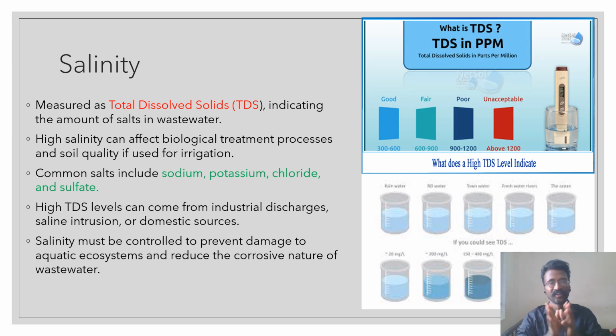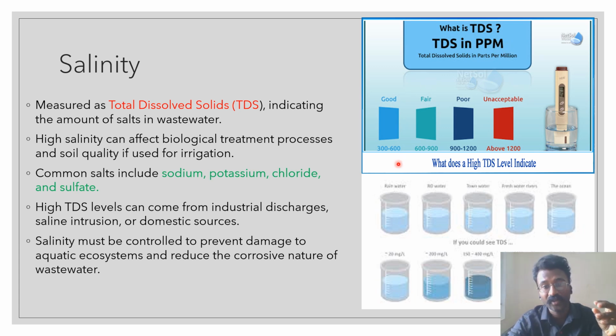High TDS levels can come from industrial discharge, saline intrusion, or any kind of domestic sources. This salinity must be controlled to prevent damage to the aquatic ecosystem and reduce the corrosive nature of wastewater. For this, the salinity is measured. The TDS is basically measured in parts per million.